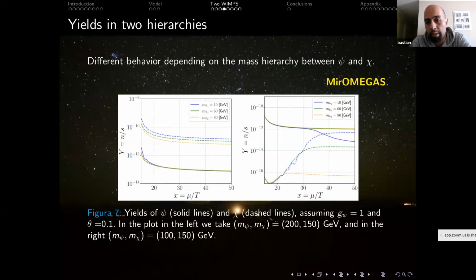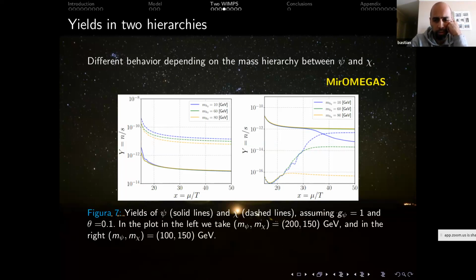So for instance, you can see different curves here for different masses of the second Higgs. So the bouncing in this sense depends explicitly on the details of the model, of course.